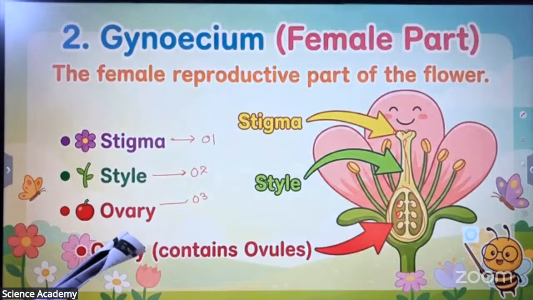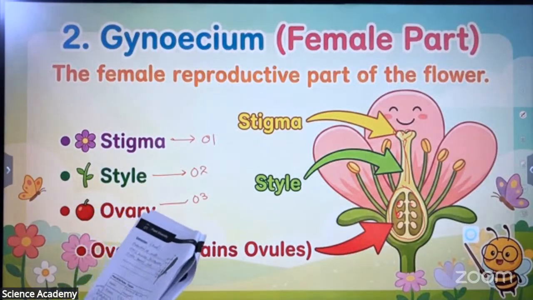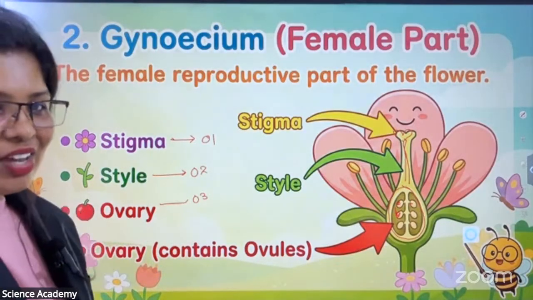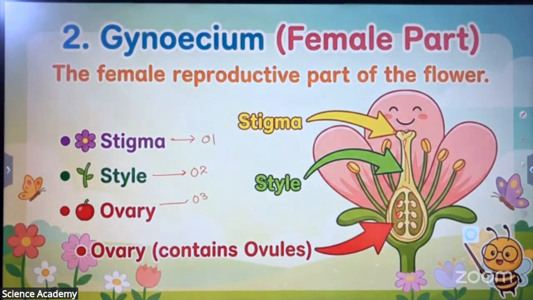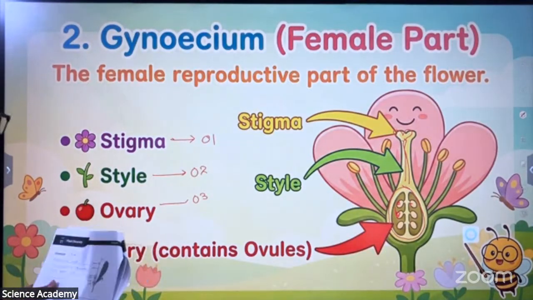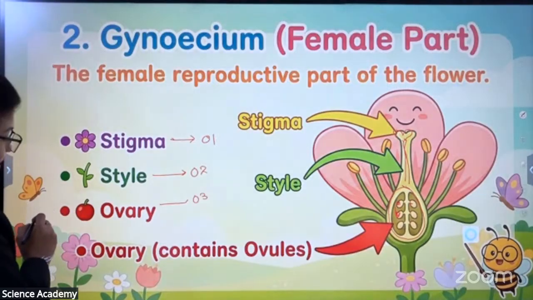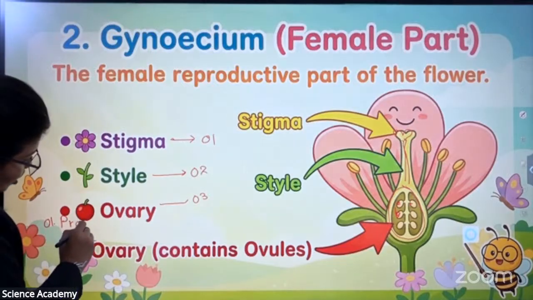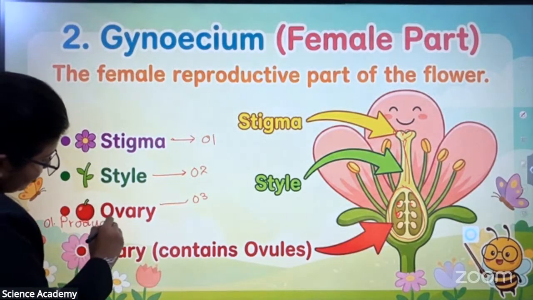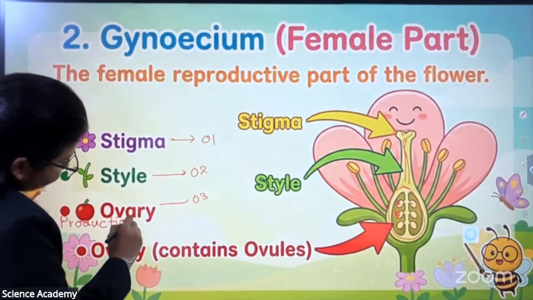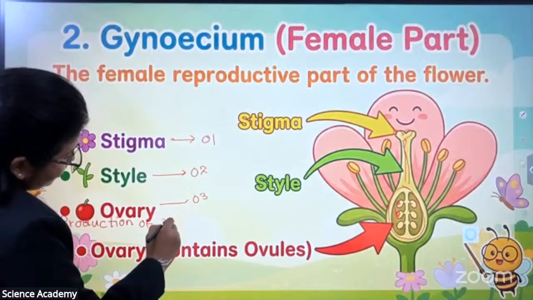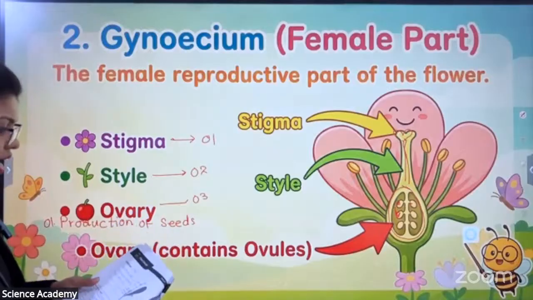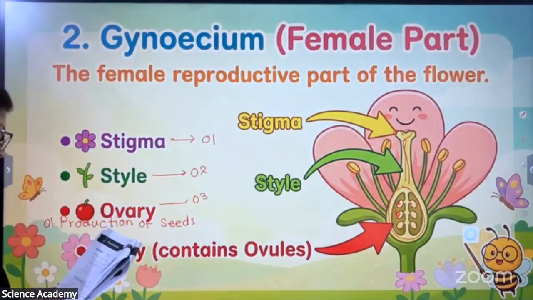After writing that, you can write down what the functions of those are. First, I'm writing production of seeds. Production of seeds. In page number 15, I have given this under the gynecium.